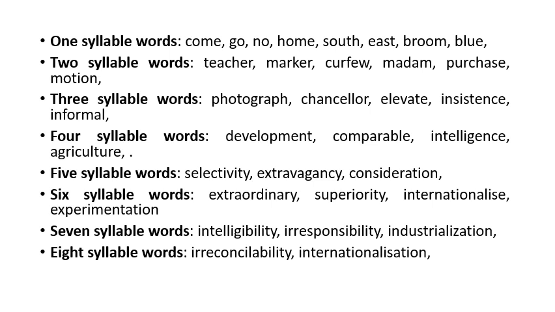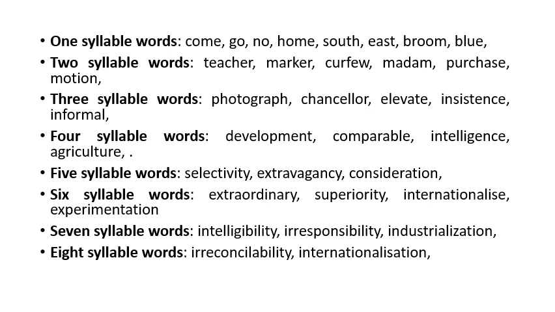Three syllable words: photograph, chancellor, elevate, insistence, informal. Examples of four syllable words are as follows: development, comparable, intelligence, agriculture. These words have 4-syllable structure.